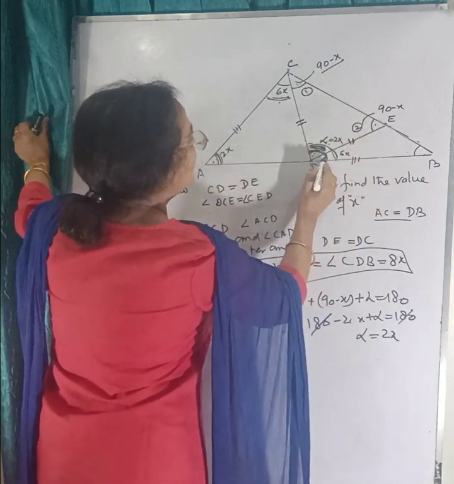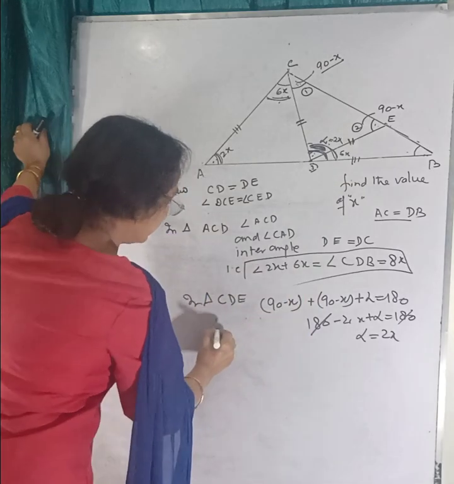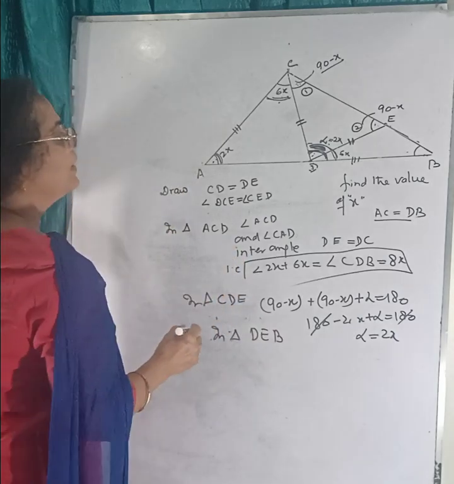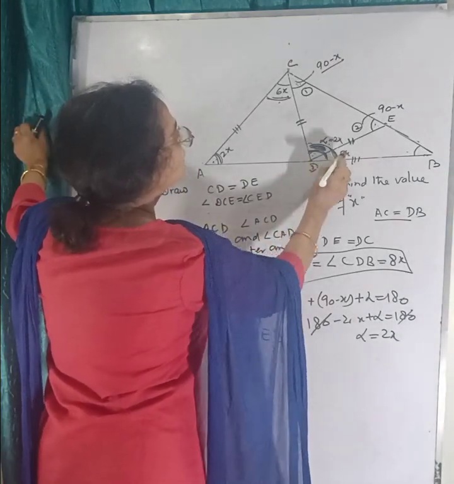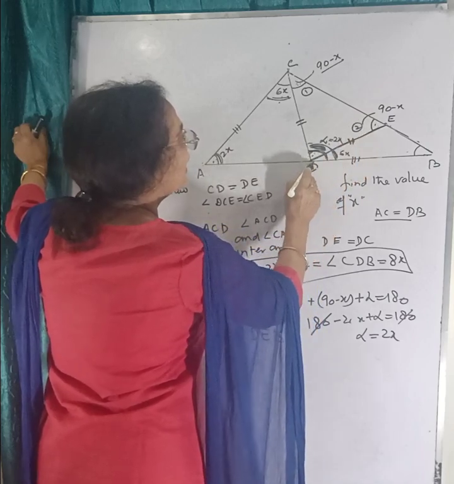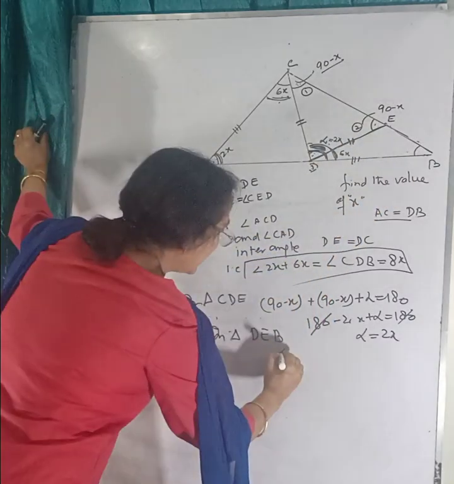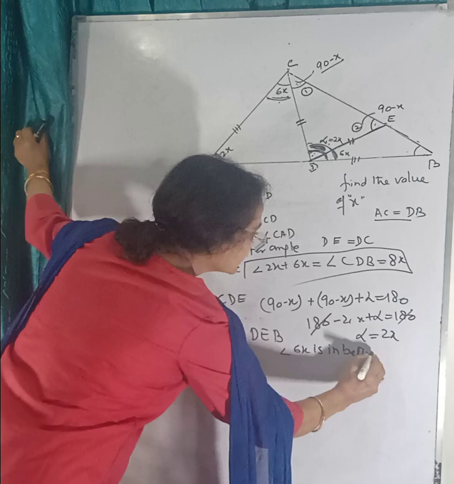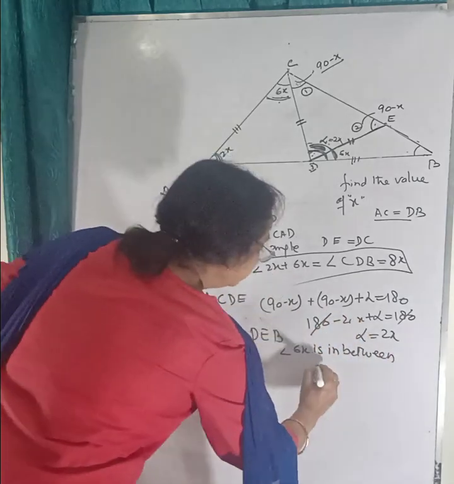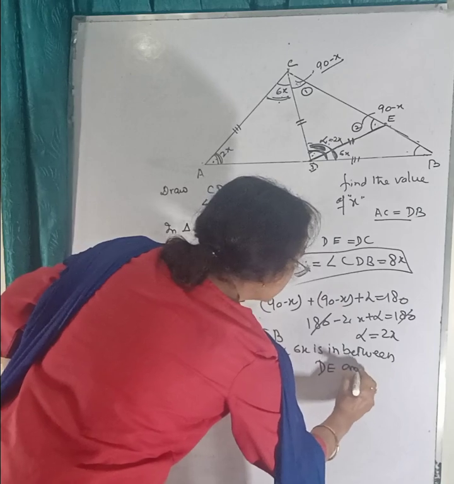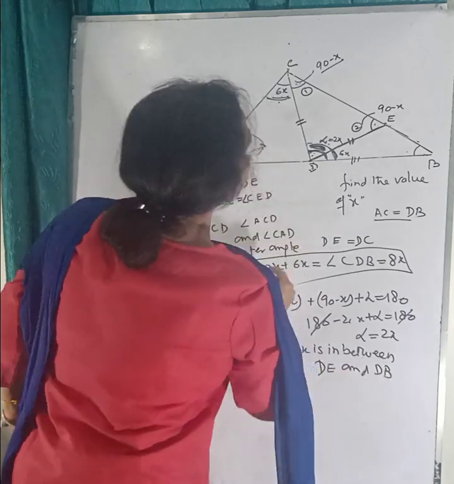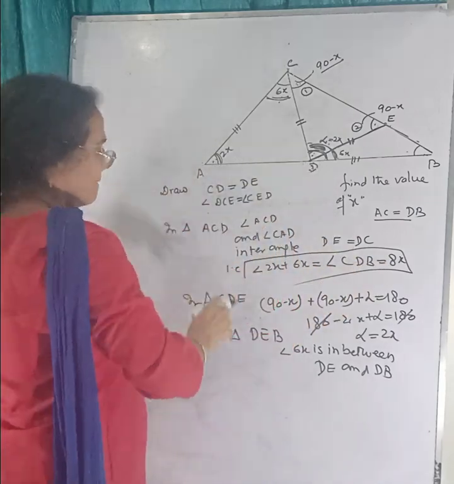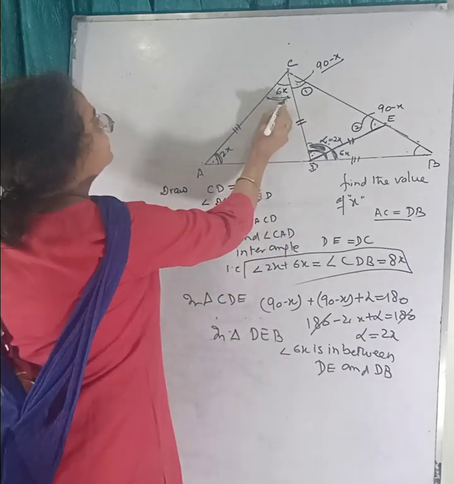DEB, इस ट्रायंगल में देखिए. In triangle DEB we have angle 6x in between this line and this line. Angle 6x is in between DE and DB. ठीक है ना? अच्छा, 6x angle is also here. ये भी है.